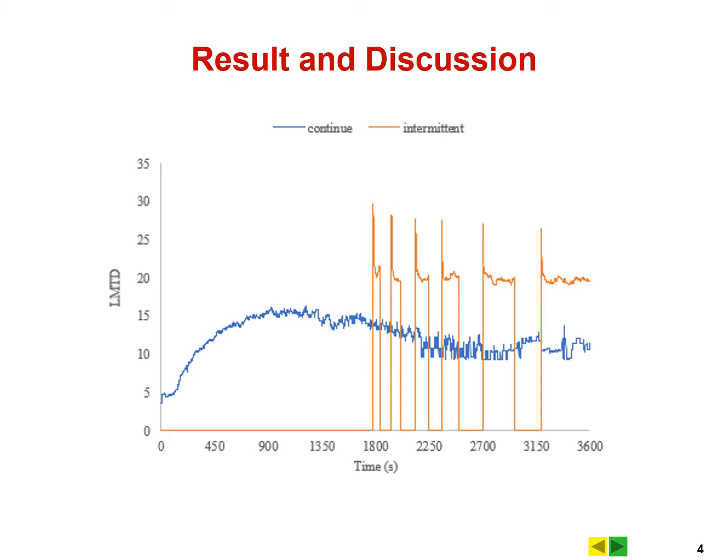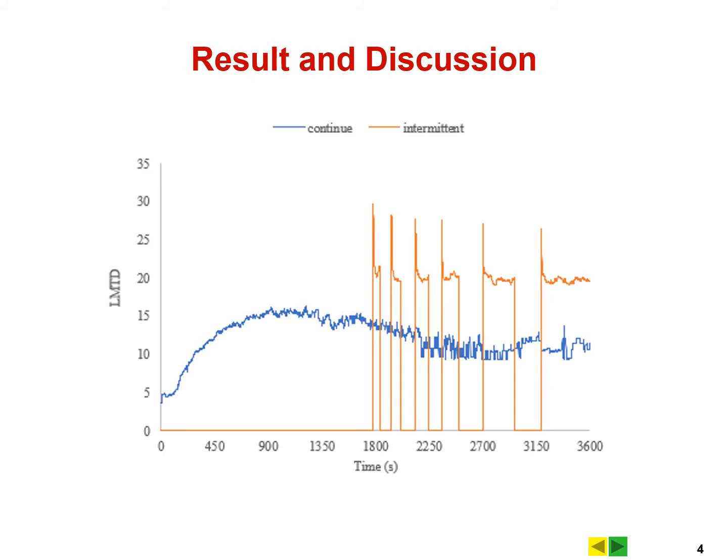First, we can see this figure is about the correlation of LMTD, logarithmic mean temperature difference, as a function of time. It is obvious the LMTD for the continuous mode increases slowly until 1800 seconds. It becomes more stable after this time.